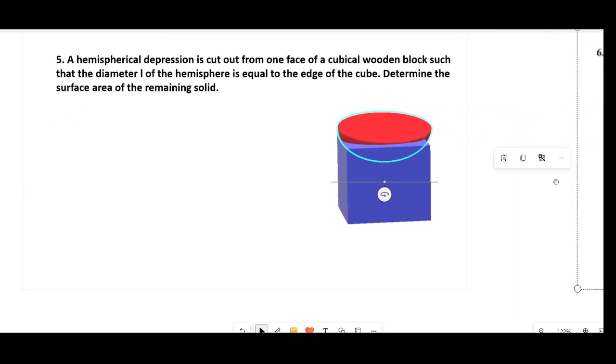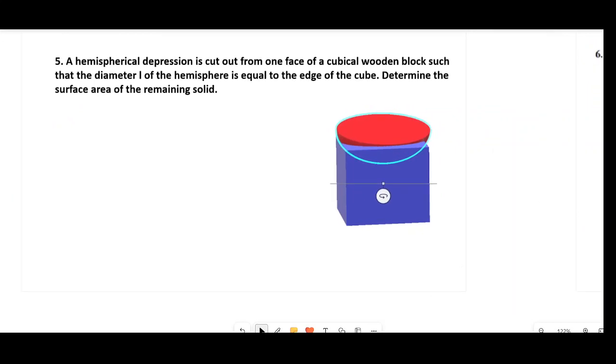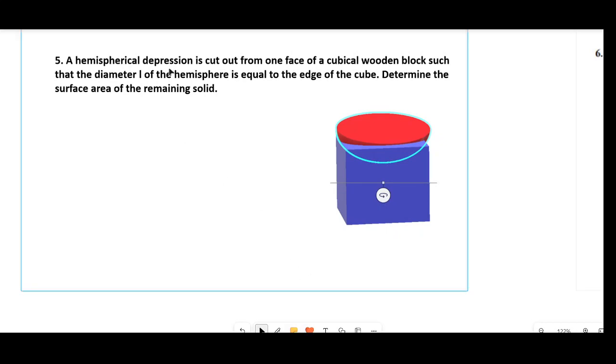Here a hemisphere depression is cut out from one face of a cubical wooden block such that the diameter L of the hemisphere is equal to the edge of the cube. Determine the surface area of the remaining solid. So this is a very simple question like the previous one.